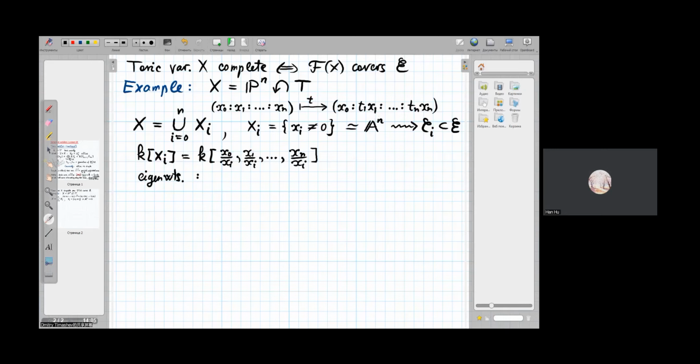The weights of x1, etc., xn are minus epsilon 1, etc., minus epsilon n, where the epsilon i's are basic characters of T. And the weight of x0 is just 0. So you see that the weights of these fractions are the following. Here you have epsilon i, and here you have epsilon i minus epsilon 1, etc., epsilon i minus epsilon n. This is for non-zero i.